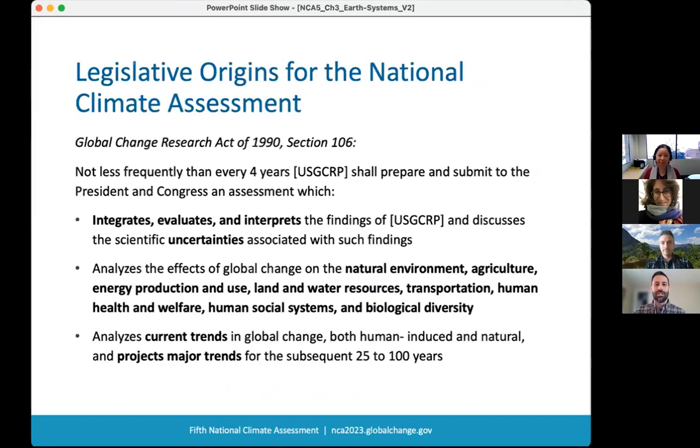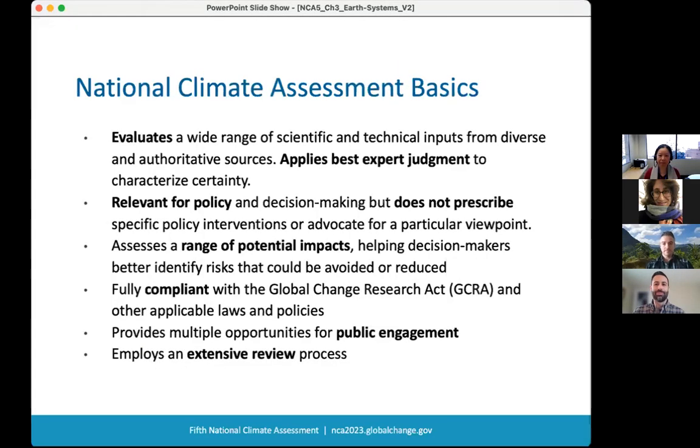The same law also mandates a periodic scientific assessment known as the National Climate Assessment, or NCA. The NCA is a quadrennial report that analyzes the effects of global change on several sectors: the natural environment, agriculture, energy, land and water resources, transportation, human health, social systems, and biodiversity.